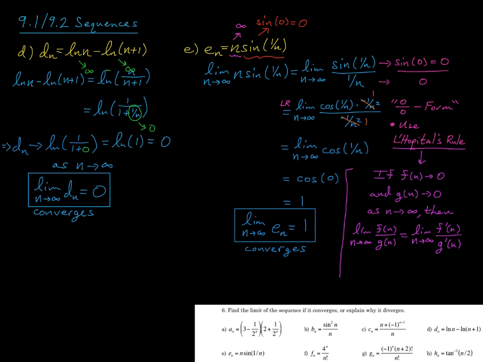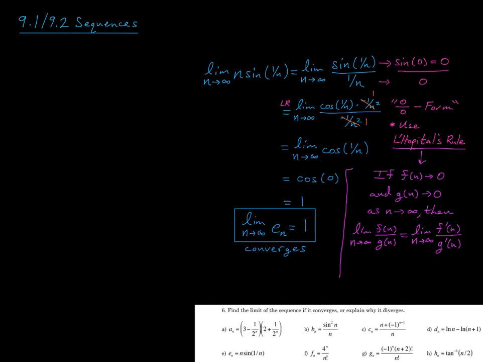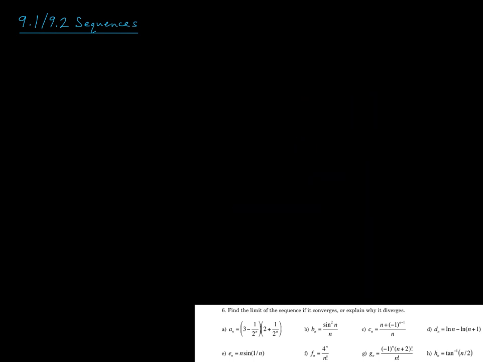All right, cool. So now let's press on to the next two, f and g. These involve factorials. So for f, we have f sub n equal to the ratio 4 to the n all divided by n factorial.